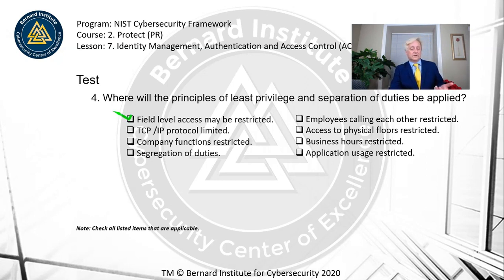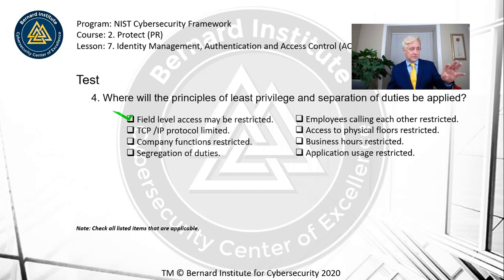So where do the principles of least privilege and segregation of duties get applied? Well, field level access may be restricted. So it's true. You might have a group of people who have access to the enterprise resource planning system, whether it's Oracle or SAP, BPICS or JD Edwards. There are a number of them out there. But perhaps within the application, you have people only working on certain parts of the ERP system.